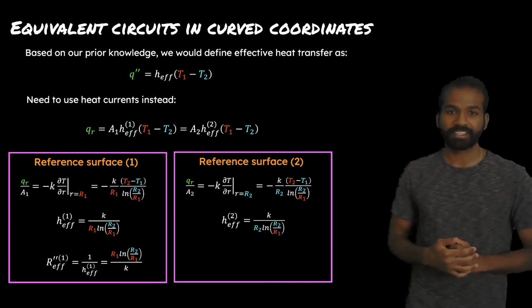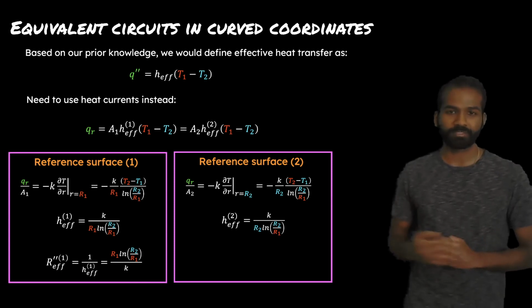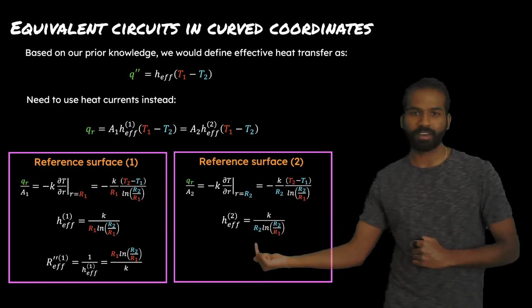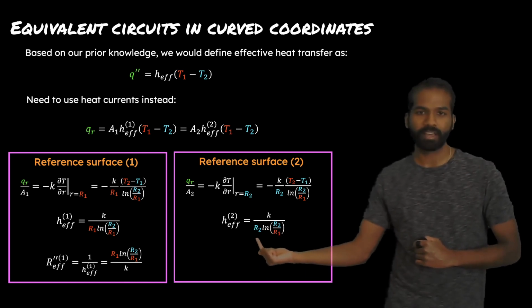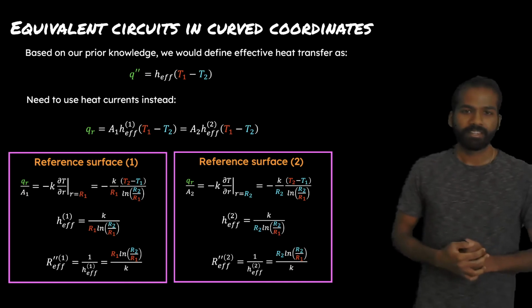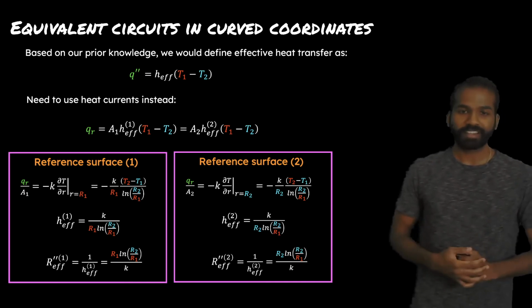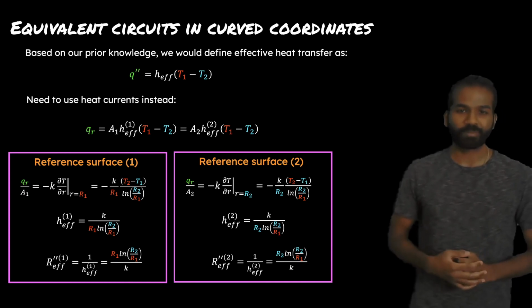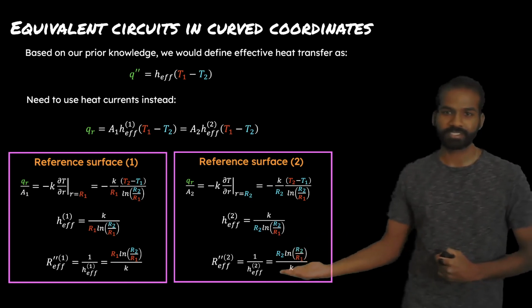We can define then the effective heat transfer coefficient based on reference surface 2, in which case the only difference is that instead of a value r1 here, we have a value r2. And then finally, we can define the resistivity based on reference surface 2. This is just the inverse of the effective heat transfer coefficient at reference surface 2, which gives us this quantity.